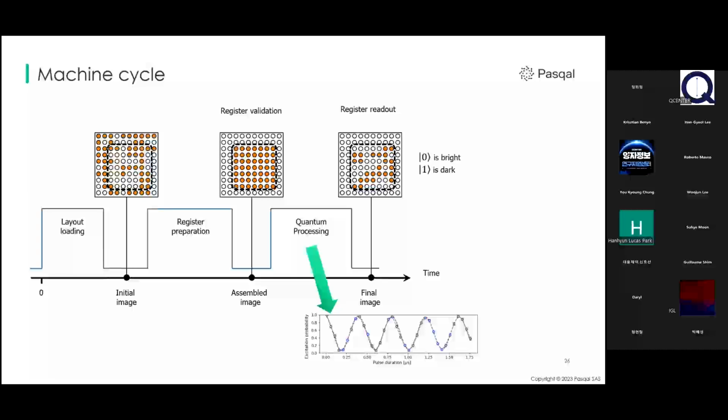The first step is to create the traps, so to catch the atoms in specific positions. The optical trapping itself happens in a random fashion, so you cannot determine which traps can catch atoms.